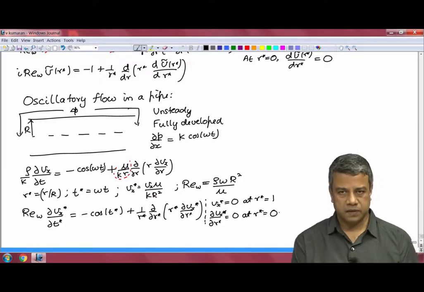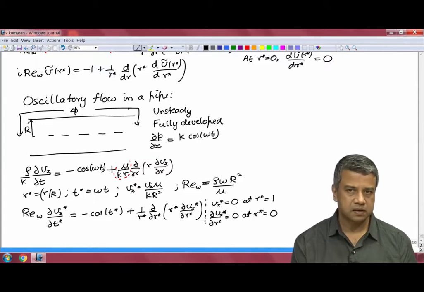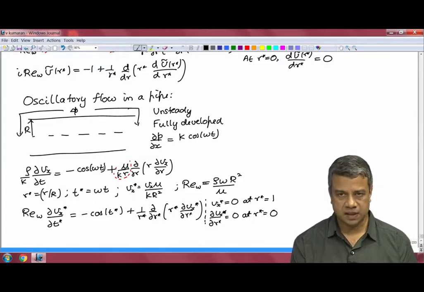Velocity is 0 at the wall of the pipe, and the velocity gradient, or the derivative of the velocity with respect to r, is 0 at the axis.